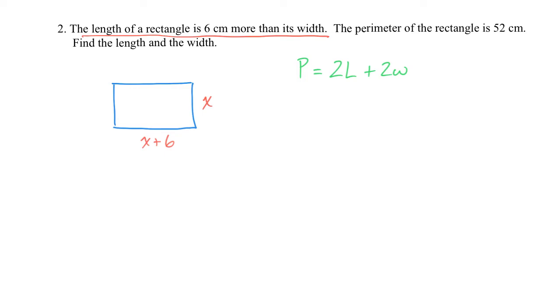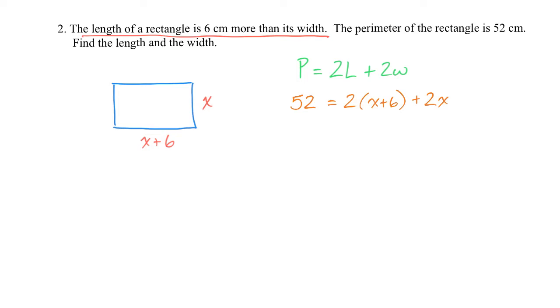So I'm going to have my 2 lengths and my 2 widths, and if I combine all of that, that gives me the total distance around. By using that formula, I may have jumped into this equation. The perimeter is 52, my length is x plus 6, my width is x. And if we have that orange equation, then I think we are doing great.